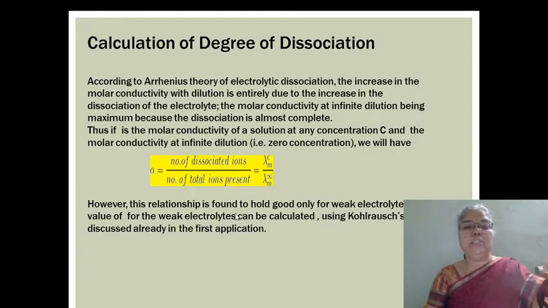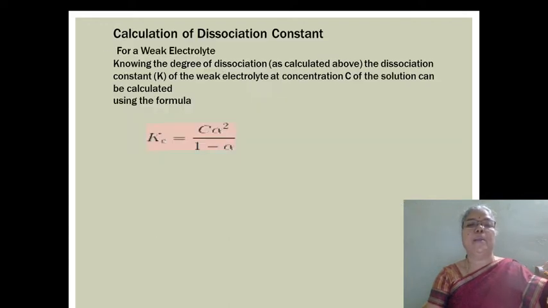This relationship holds good only for weak electrolytes. The value for the weak electrolyte can be calculated using the Kohlrausch law, as we have already discussed in the first application.